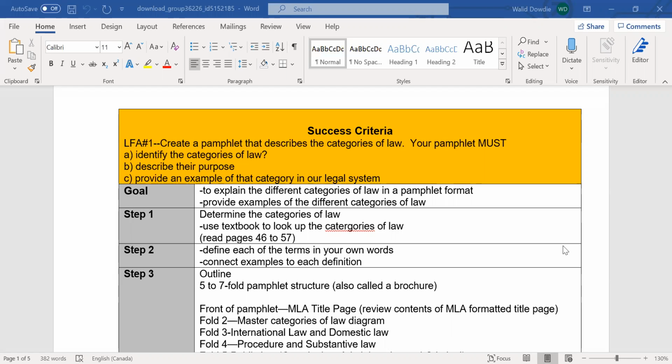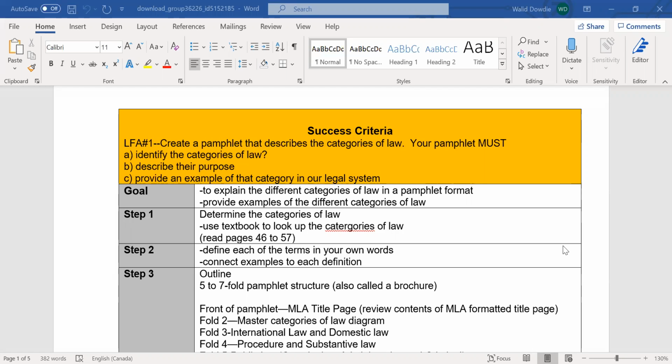That's step one. Step two: define each term in your own words and connect examples to each definition. So after you've got the terms from your textbook and you know what they are, put them in your own words and then provide an example of it, right?